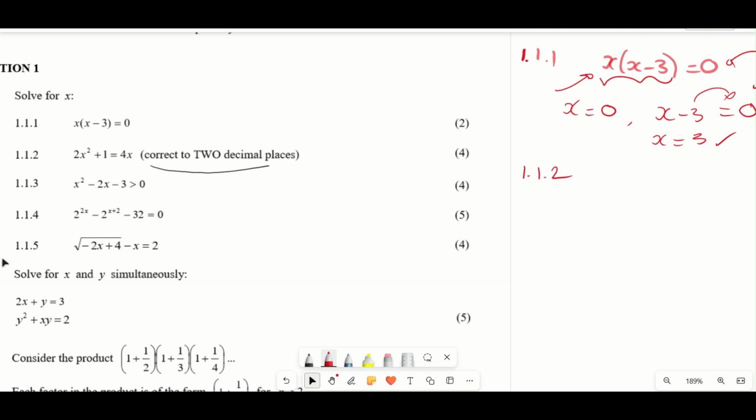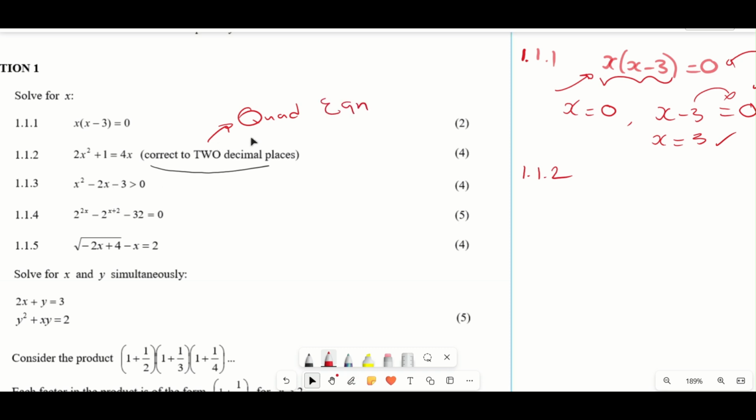For 1.1.2, they're saying solve for x correct to 2 decimal places. Here they're giving you a hint. This hint tells you that I should use a quadratic equation.